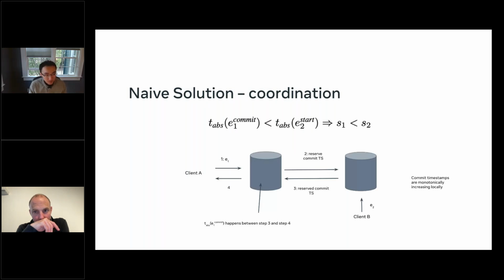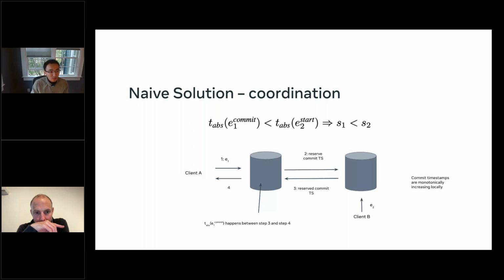So here's a naive solution before we talk about commit wait: we can use coordination. When client A is trying to write transaction 1, in this case E1, to shard 1, it can try to get a commit timestamp by talking to the other shard. By reserving a transaction commit timestamp from the other shard 2, then after receiving the reply, we say, okay, I'm going to mint the transaction timestamp on shard 1 after the coordination.